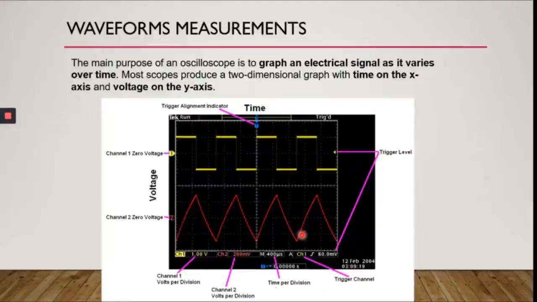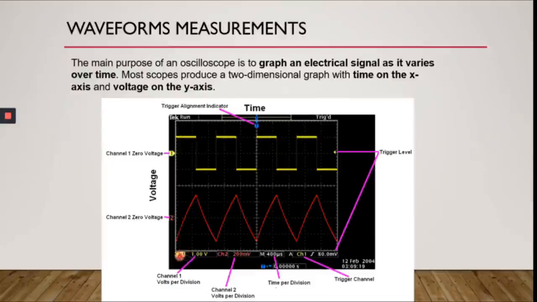Alright, now let's look at another example. This example is taken from an actual oscilloscope reading. So you see the labels here. We have a 2-channel oscilloscope, channel 1 and channel 2. For channel 1, the volt per division is 1 volt per division.